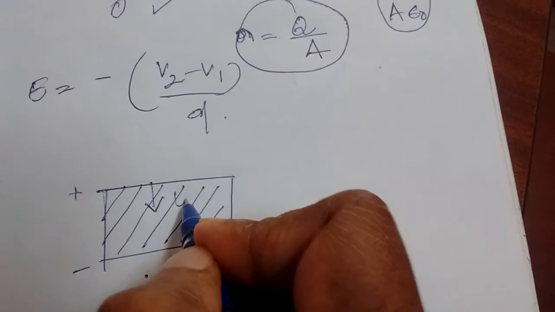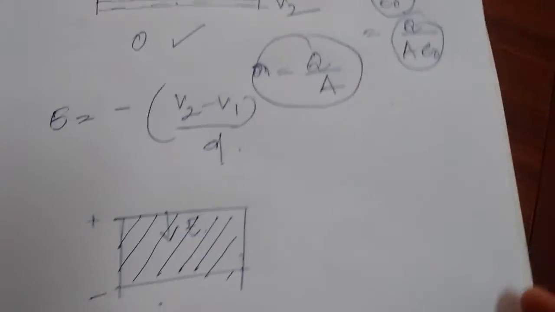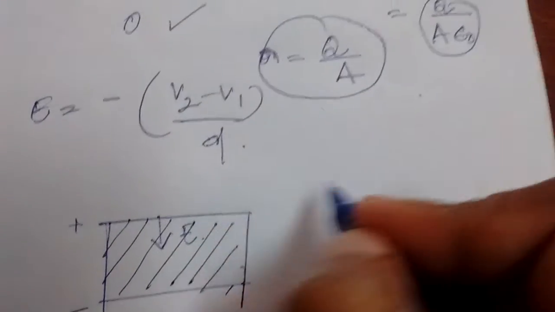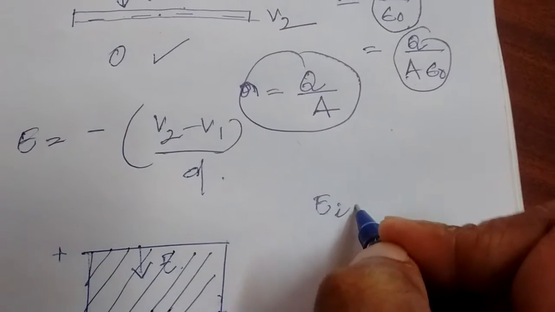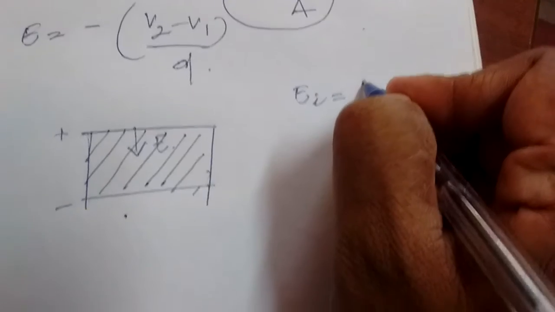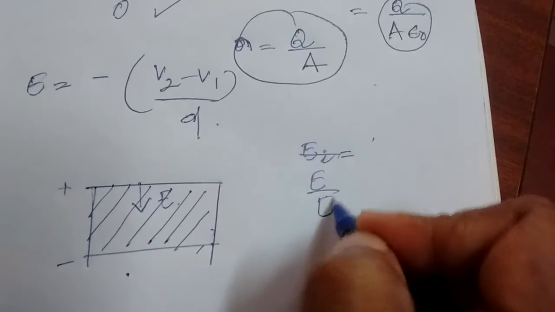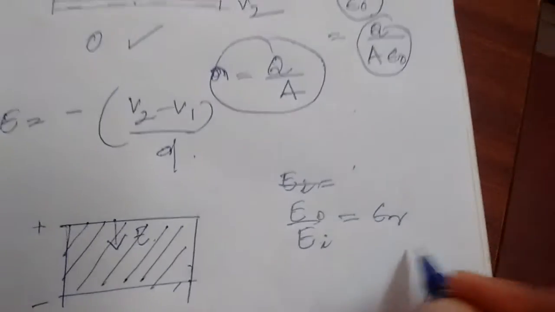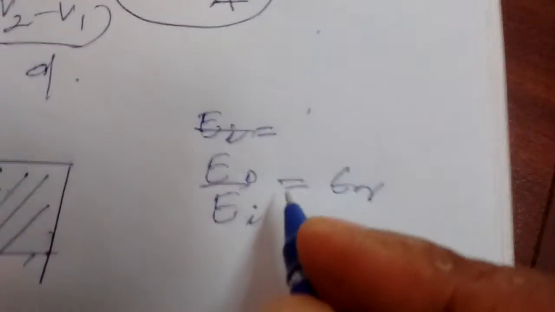This is the external electric field, that is our E. But we have already known in the previous section that E naught by E inside is equal to epsilon r, where epsilon r is the dielectric constant. Okay. Now we want to know what is the resultant electric field inside the dielectric.